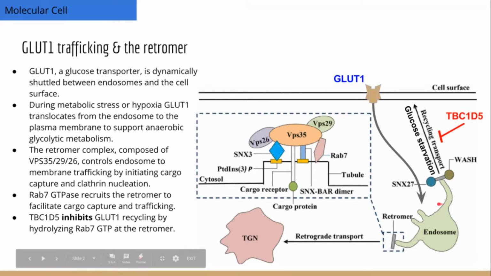And during metabolic stress or hypoxia, lack of oxygen, the cell moves GLUT1 from the endosome back to the plasma membrane up here. And this causes increased glucose intake to support an anaerobic glycolysis.